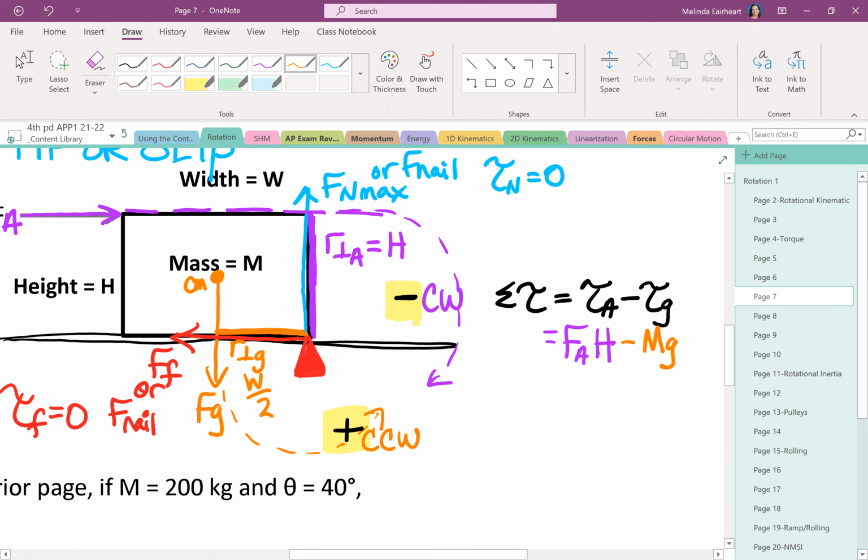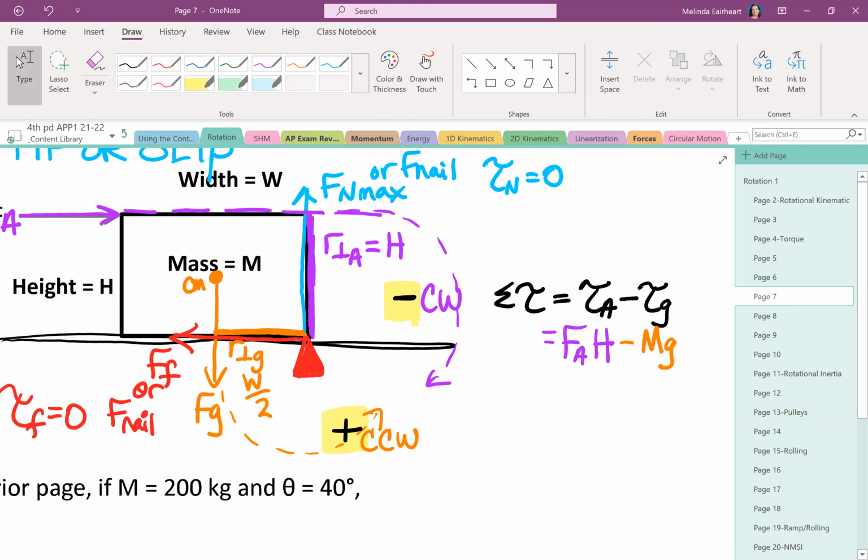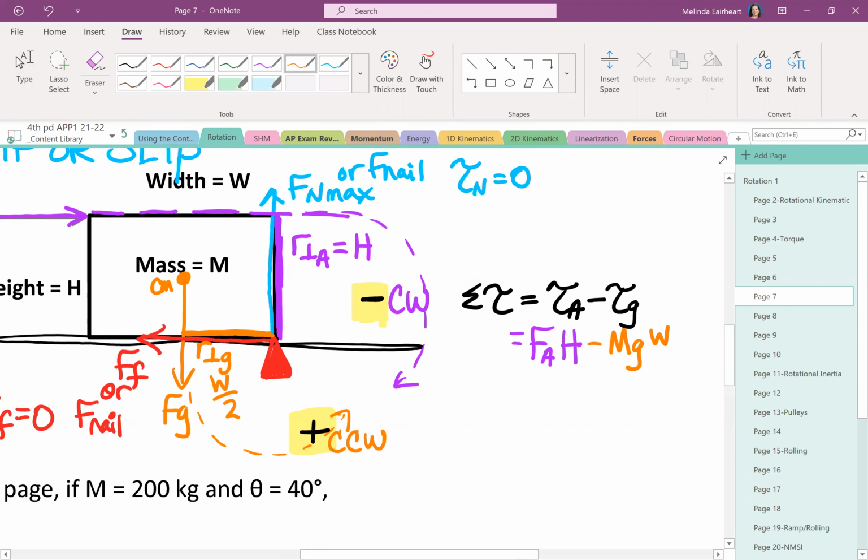And why did I go here? You could start with FG, but you usually put your final answer in terms of givens. So they gave us mass. And the lever arm is half the width. And this equals net torque. That's what they wanted, just a statement. So that's our final answer for now.